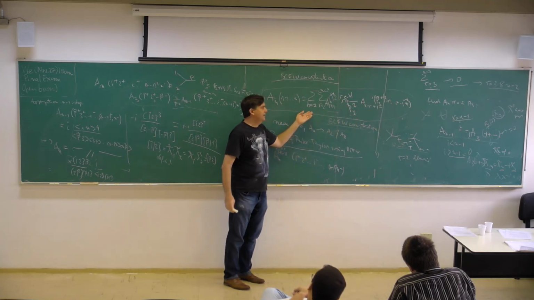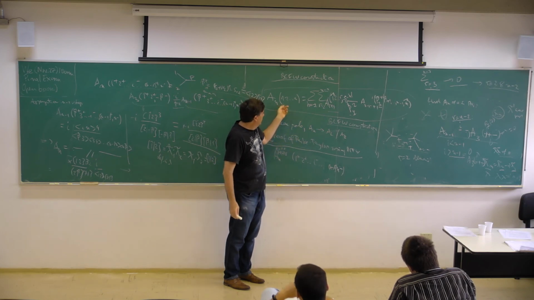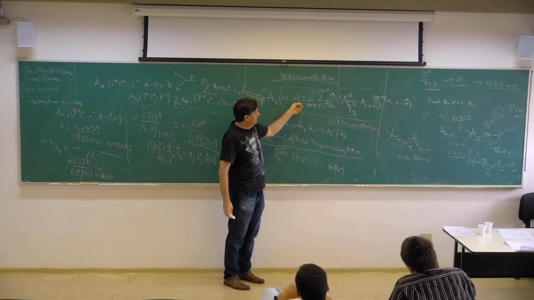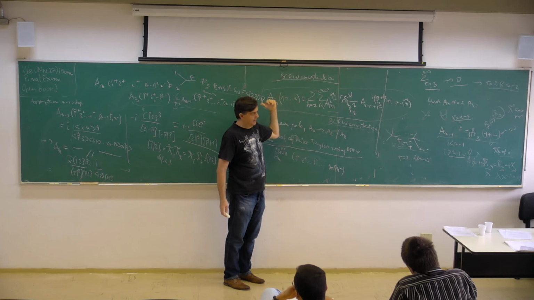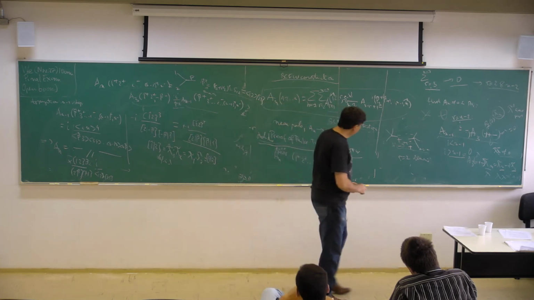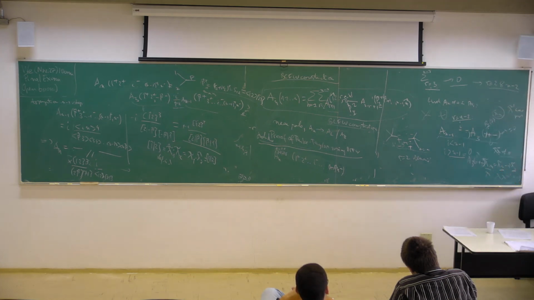It's just that in the case of other amplitudes, we don't have a compact formula for any n-point function. But otherwise, you can just use it recursively to calculate the n-point amplitude by knowing the lower point amplitudes. So this takes a little bit of work, of course, but in some cases it's simpler than doing it in any other way. All right, so that's everything I wanted to tell you today.